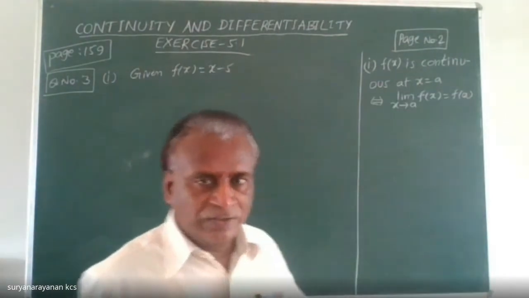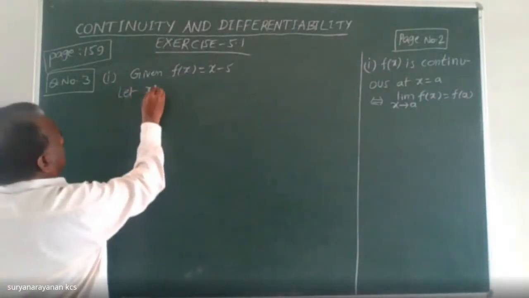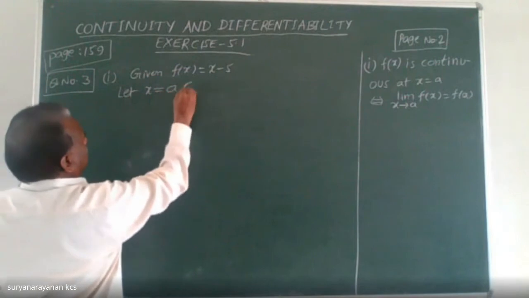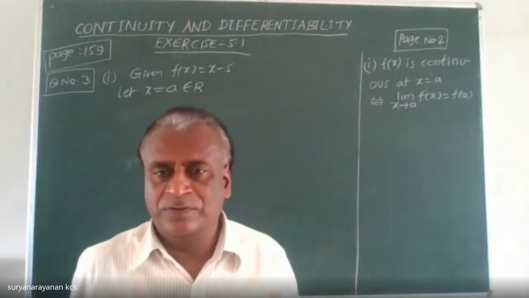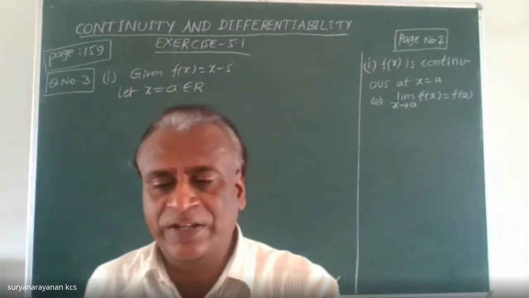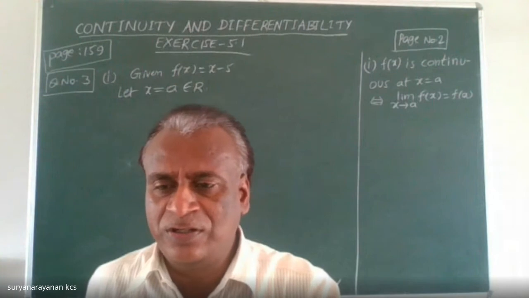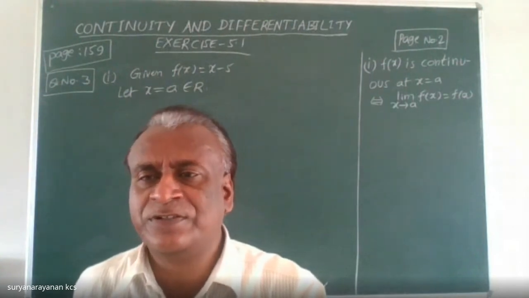We assume that x is equal to a. So we are assuming some value for x, that is small letter a. Numerically, it is not given. That is why we have taken like this.